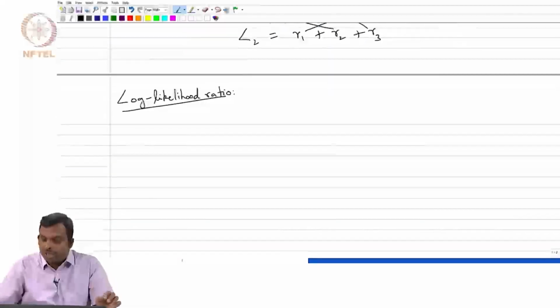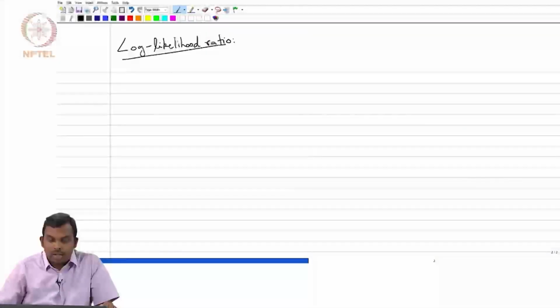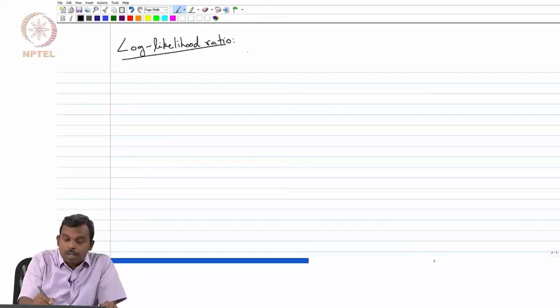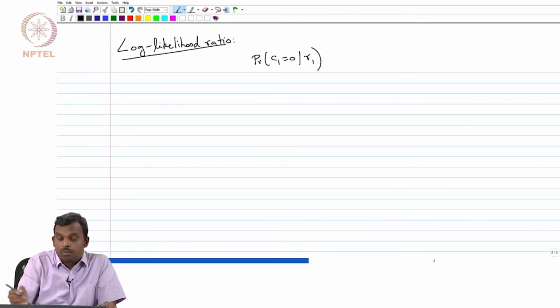But for now let's see a quick definition involving log likelihood ratios. This is how log likelihood ratio is defined. Supposing I want to ask this question: the probability that C1 equals 0 given R1.